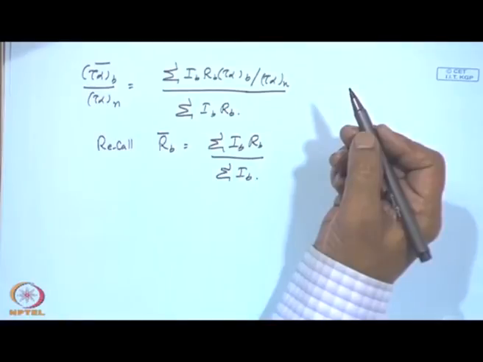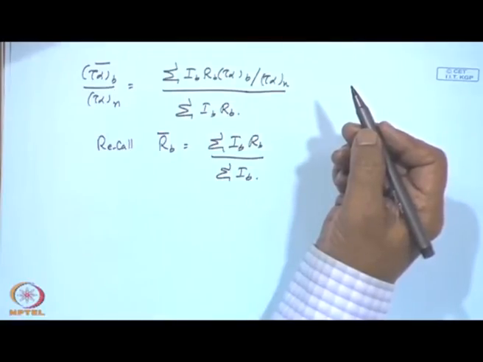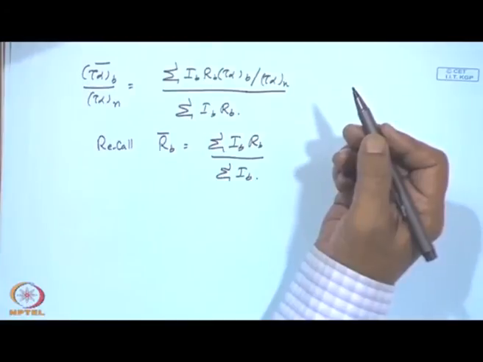Now, as far as the sky diffuse and ground reflected radiation are concerned, we should know whether that angle changes with the time of the day or not. Depending on that, we have to define the weighted averages.